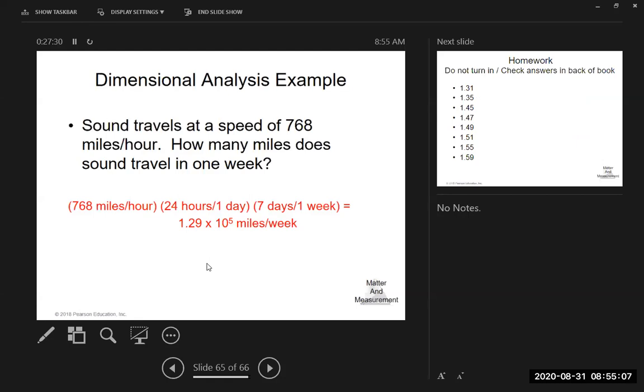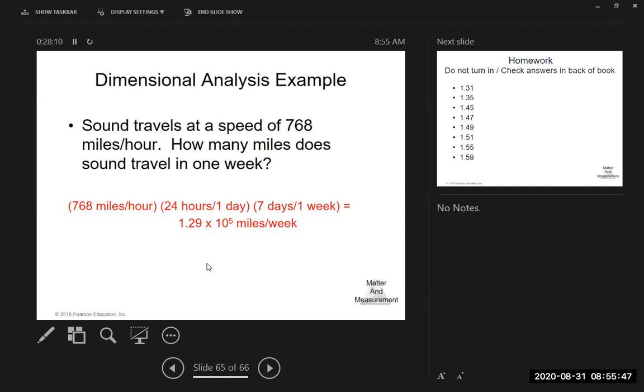So if we say there's 24 hours in a day and 7 days a week, we've converted that hour, that denominator, into weeks. And so now we've gone from miles per hour to miles per week. And if we look at this, we see that our things cancel in a way that 1 hour goes into 24 hours per day, days per week, and then finally, how many hours in a week, basically, is what we're getting to.